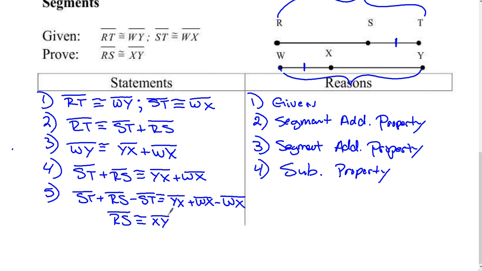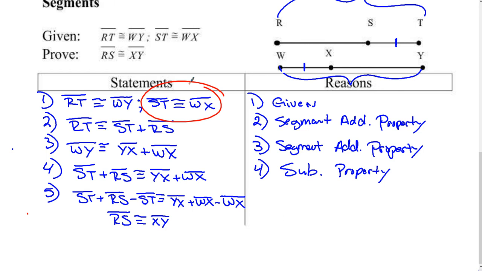But what did we do here? What did we do to this? I subtracted. And if you're looking at this, at the very beginning, I said these two are equal, right? So if I said this is 5 and this is 5, what would I be doing to both sides of the equation? Subtracting 5 from both sides, right?